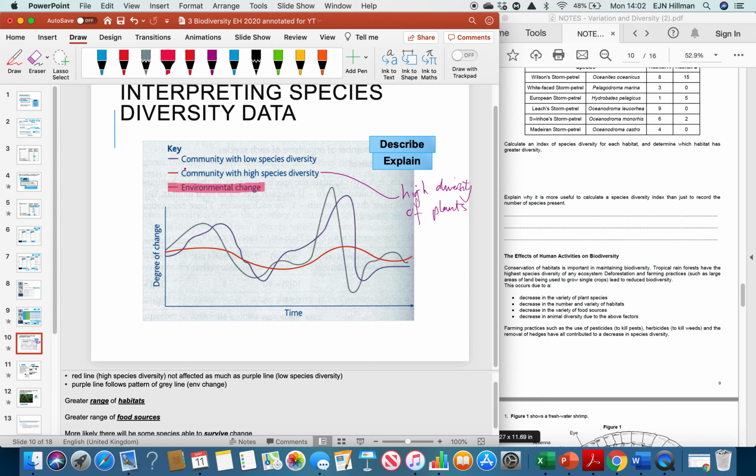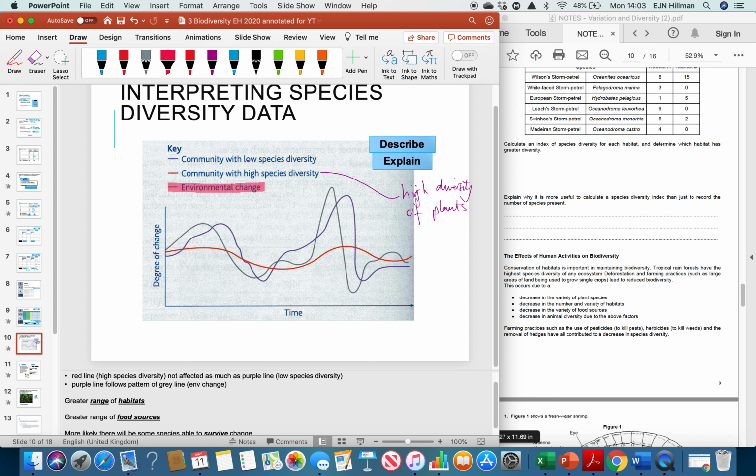The community with low species diversity may have fewer species of plants and therefore fewer habitats. If there are fewer habitats, perhaps that means there are fewer insects living in those different habitats. Maybe each insect might require a specific plant as its habitat.